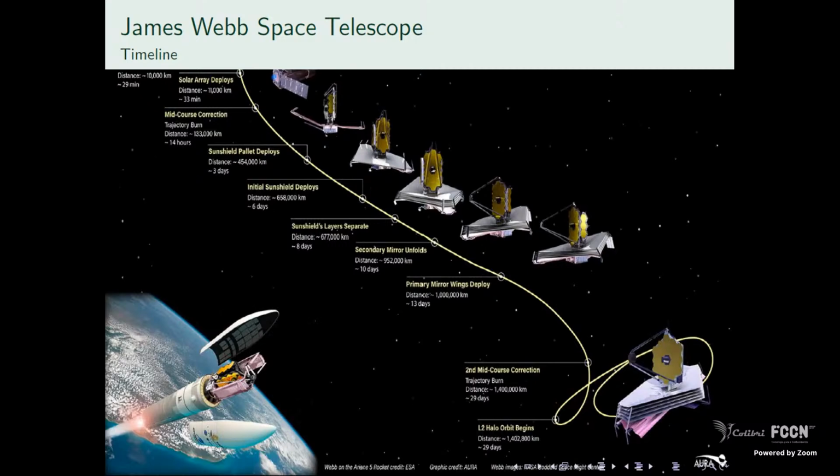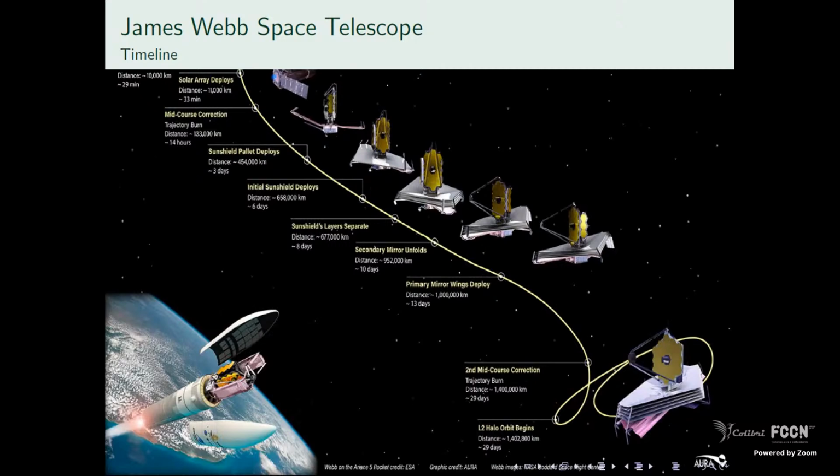What this means is that the telescope is now producing electricity and using that solar electricity in its motion. At 14 hours in, we have a mid-course correction, and then the sun shield starts to deploy.